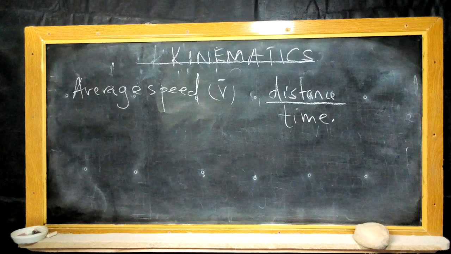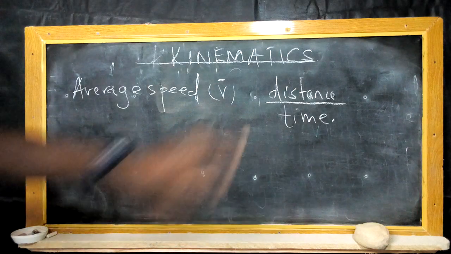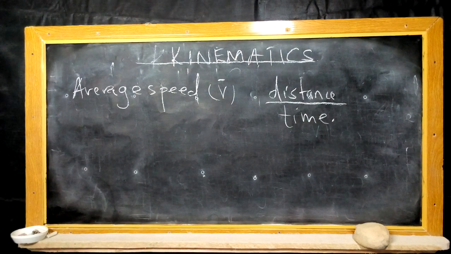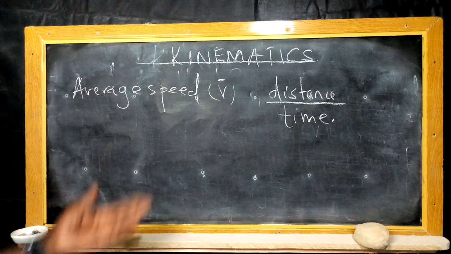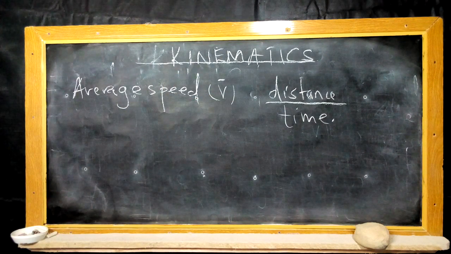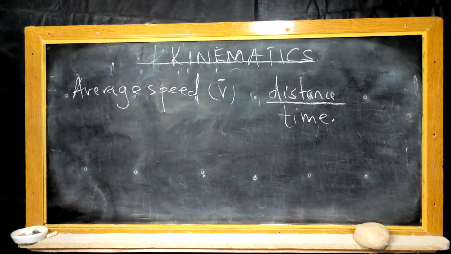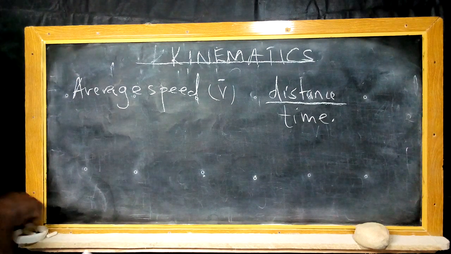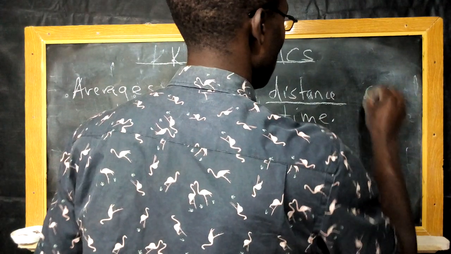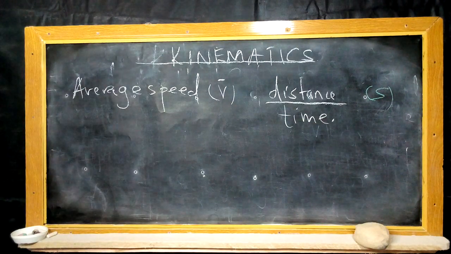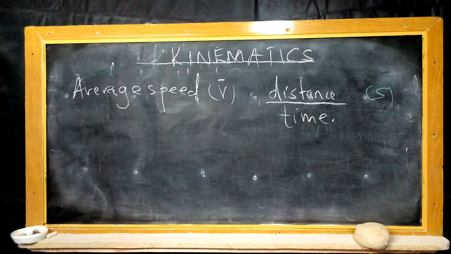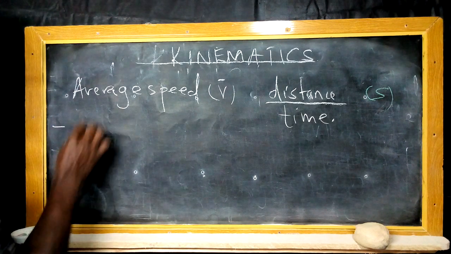Remember we talked about velocity and speed. This is average speed, distance over time. Distance is how far one travels regardless of direction, which means distance is a scalar quantity. Therefore, average speed is a scalar quantity.